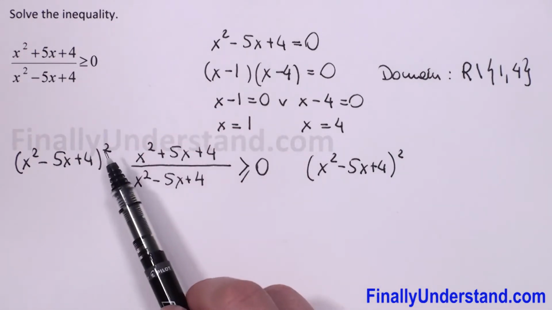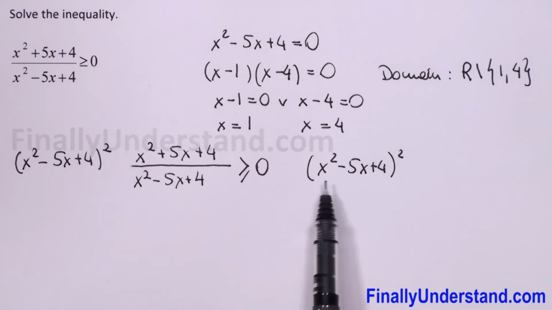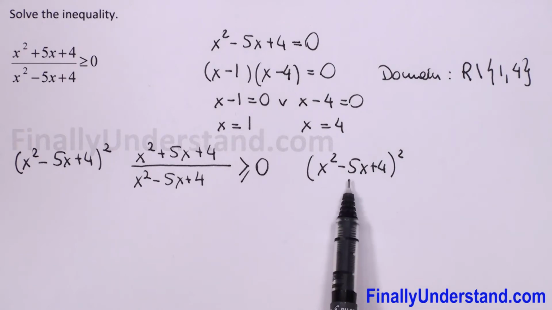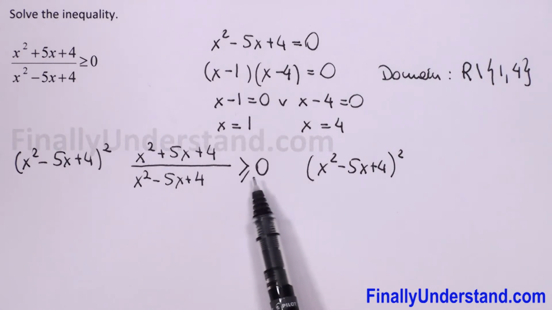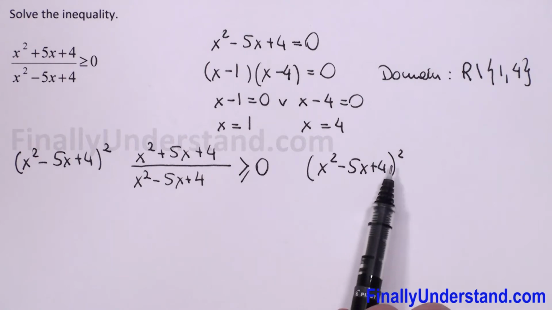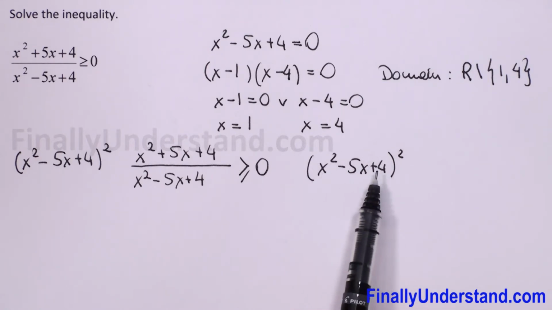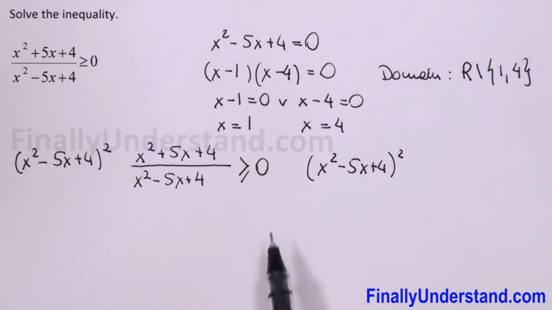Why do I put the square? Because I want to be sure that this expression is positive, because we have an inequality. When I multiply by a negative number, I have to change the direction of our inequality. So when I put the square, I'm sure that this expression is positive and I don't have a problem with the direction of our inequality.